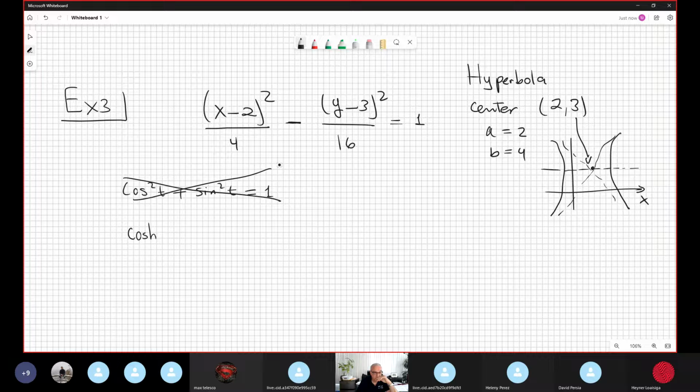I don't know if you saw before, the teacher in Calculus 2 explained hyperbolic trigonometric functions. The majority of the teachers don't explain that. Do you see cosh and sinh?